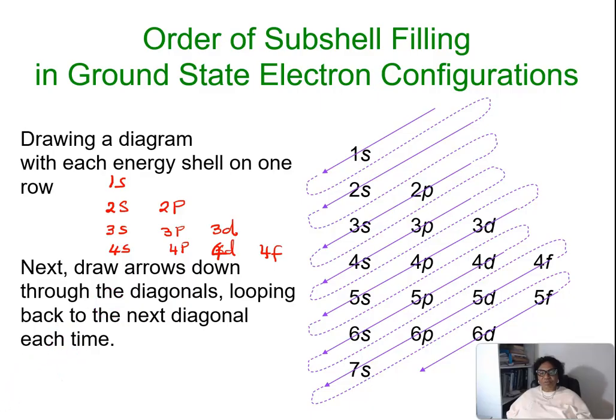So if we want to fill these orbitals, you start with 1s. You fill this one first.